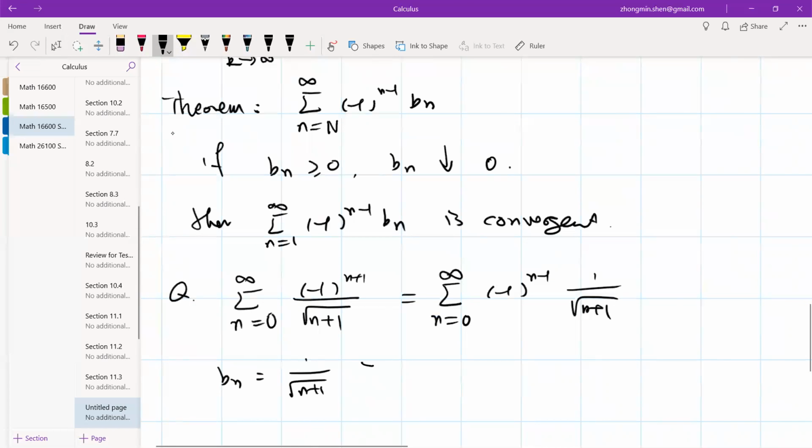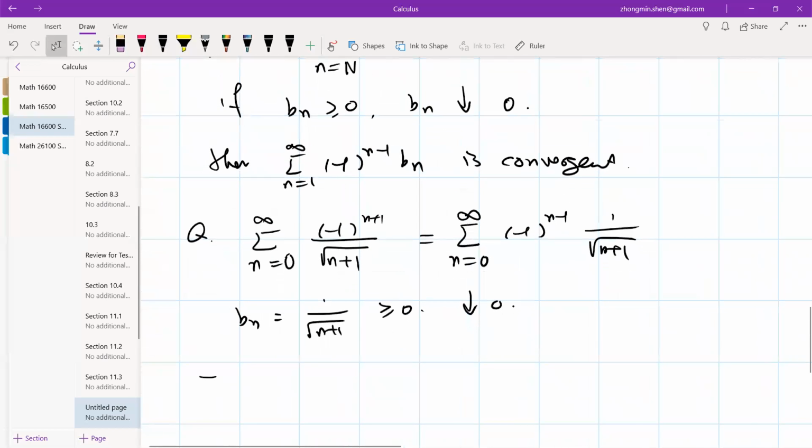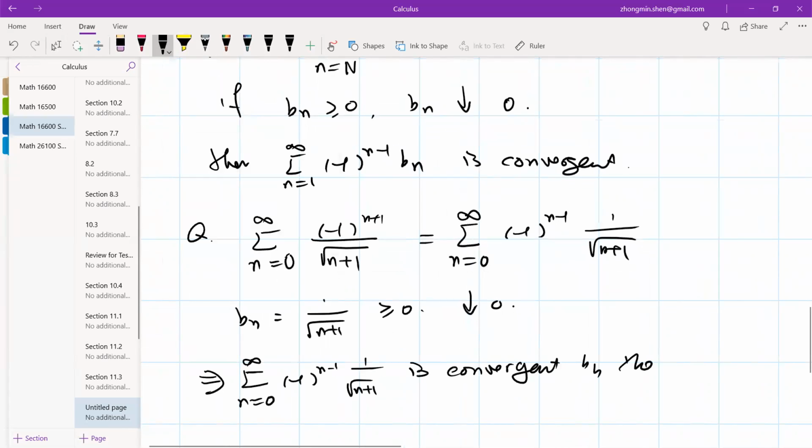Then take a look at the square root Bn. This is clearly positive, decreasing to 0. Obvious, you don't need to prove that. So this implies the series is convergent by the alternating series test.